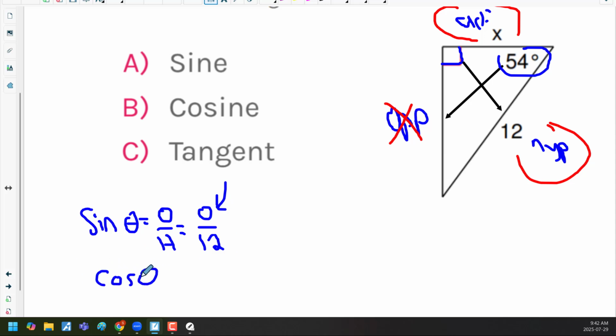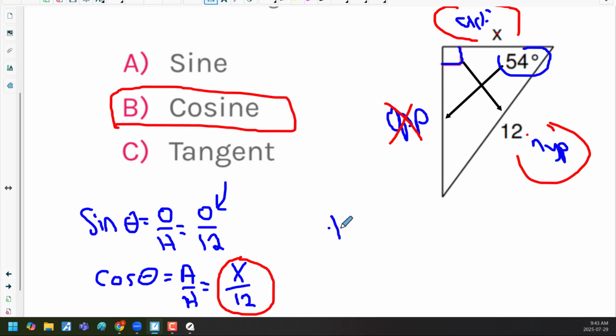Cos theta is going to be adjacent over hypotenuse, which in this case, adjacent is x, and hypotenuse is 12. So this has both things that we want. We want the x and we want the 12, so the answer should be cos.